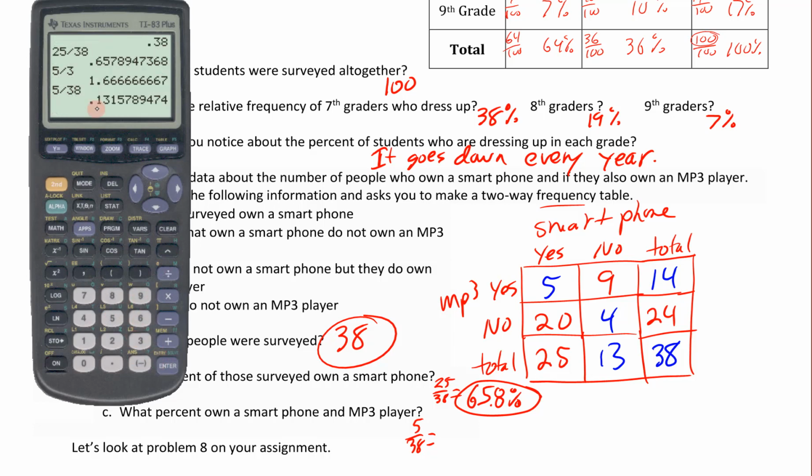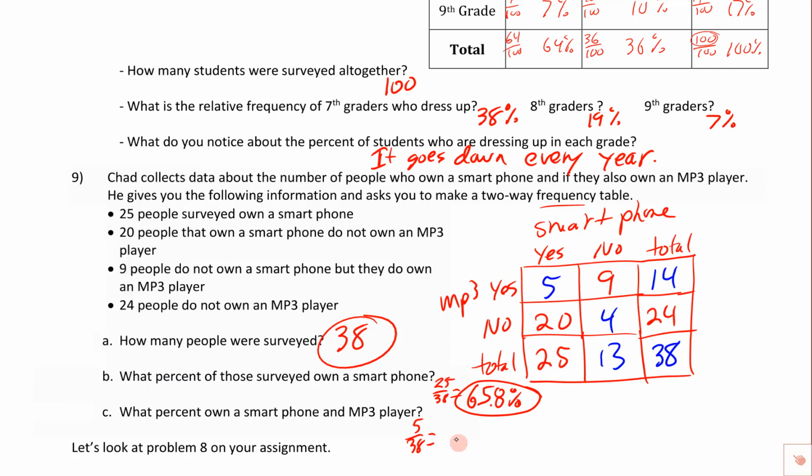And we get 0.1315, so that's going to be 13.15%. That's enough to bump that up to a 2, so this is going to be 13.2%. All right, we might be able to look at this and kind of determine some other patterns, but these are the only ones that they asked us to. Again, two-way frequency tables, great way to organize information.